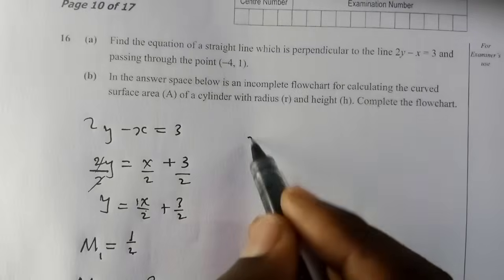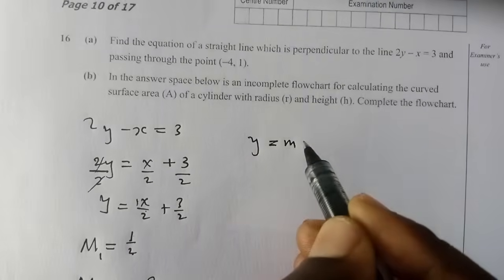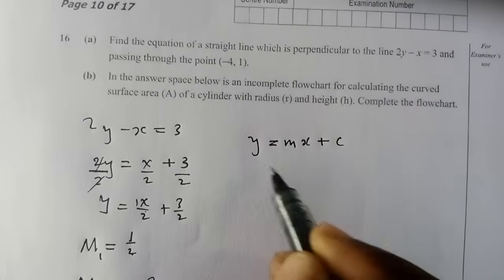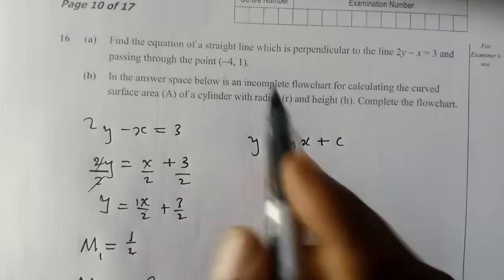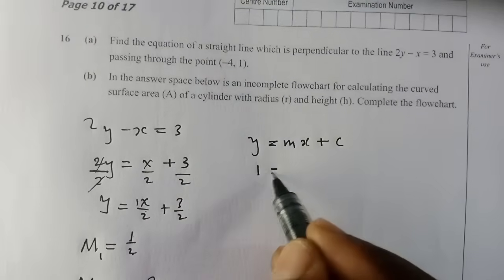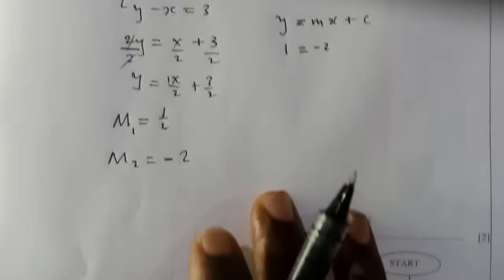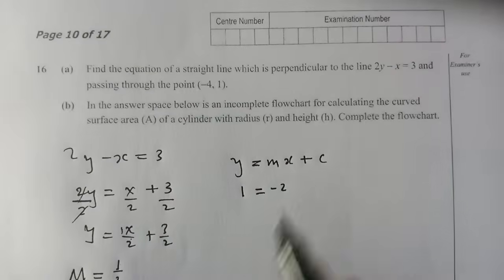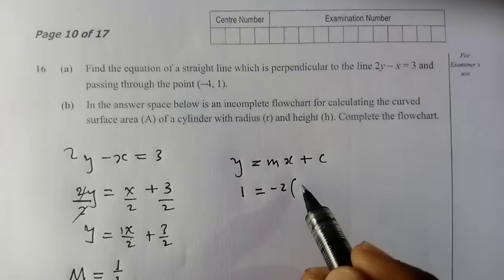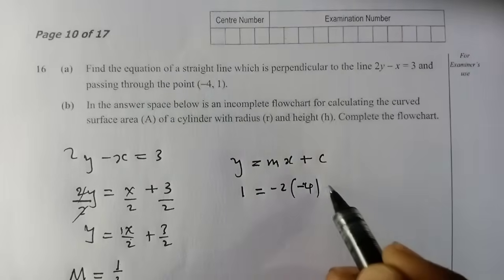So we can now use the formula for finding the equation of a straight line. We have been given these coordinates. So our y is 1, our new m is negative 2, and our x is negative 4, plus c.